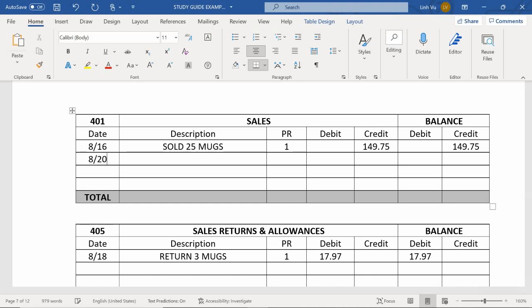Sales. Here we go. To customer A we sold 15 mugs, no? 15 mugs. So this is 299 and 50 cents.